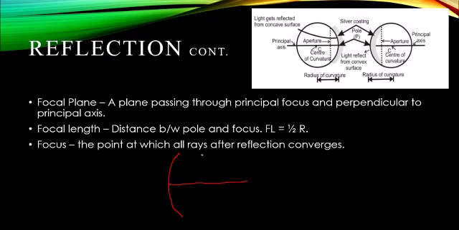The plane passing through the principal focus. This plane is known as the focal plane. This whole plane goes through the principal focus, and is perpendicular to the principal axis, at a 90-degree angle. So this whole is known as the focal plane.